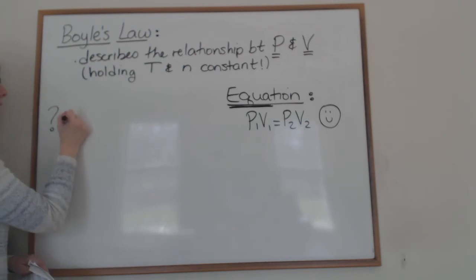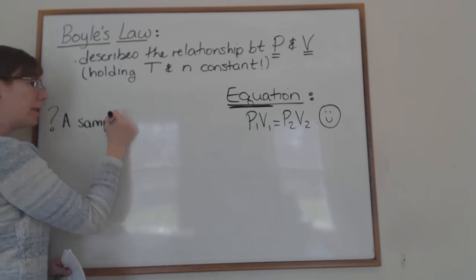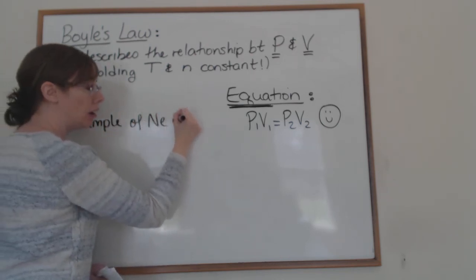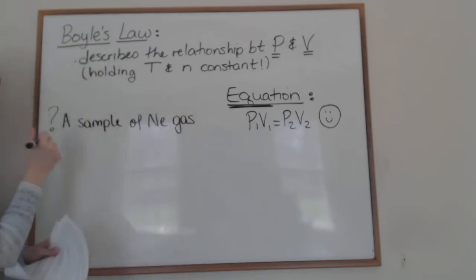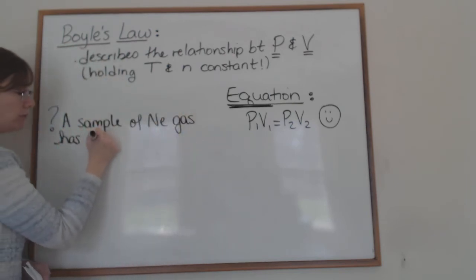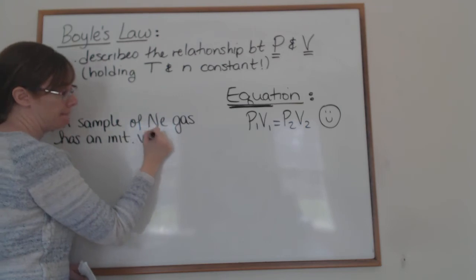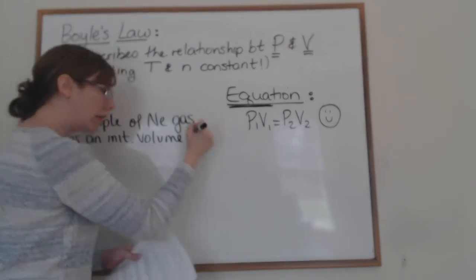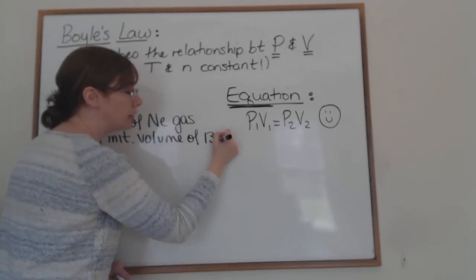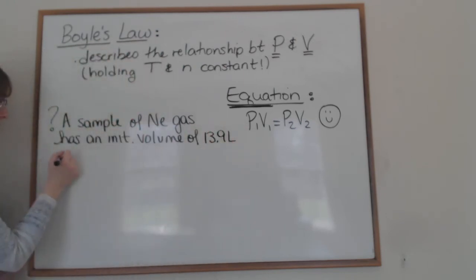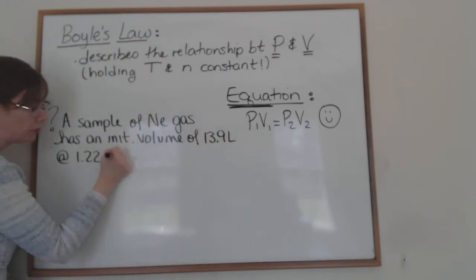All right, a sample of, let's pick, neon gas. A sample of neon gas has an initial volume of 13.9 liters at 1.22 atmospheres.